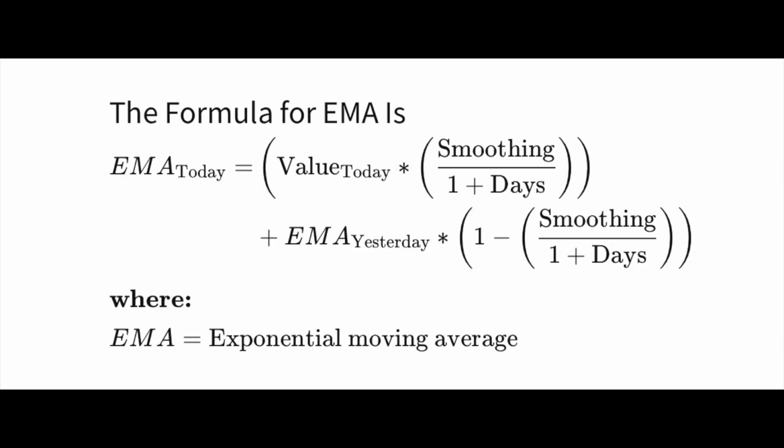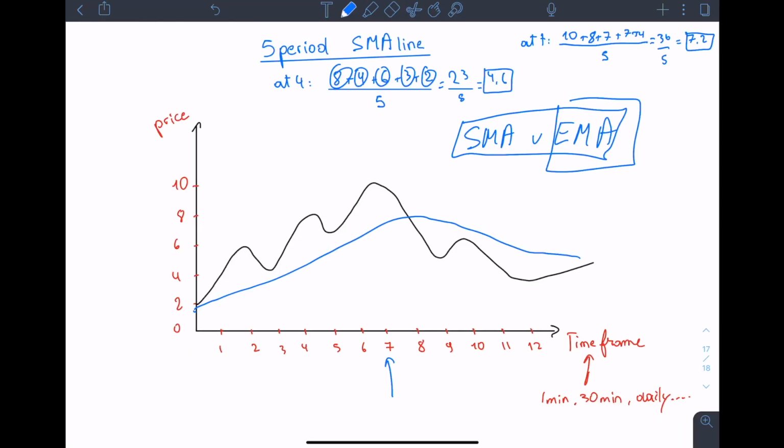You don't need to understand in detail how the formula works, but you simply need to understand that it only takes the value of the previous candle to tell you the value of the current candle. However, in simple moving average, as we explained previously, because it's an average, we take the average of the last candles. This is a chart example of how it reacts more to the current price. As you can see here, it reacted more to the current price.